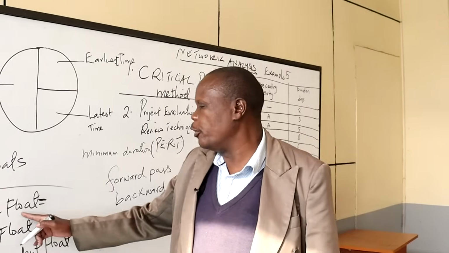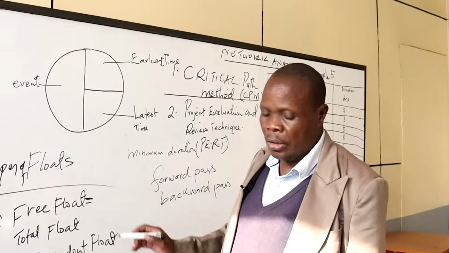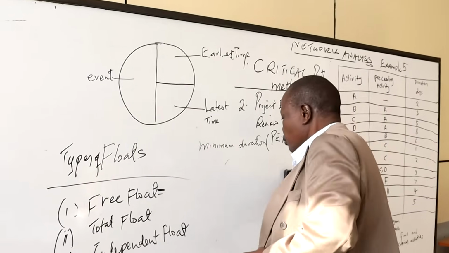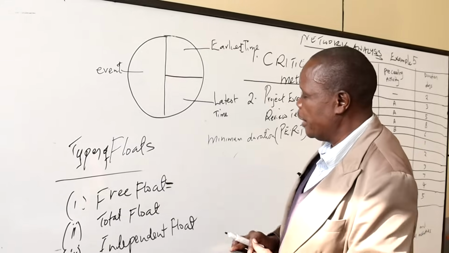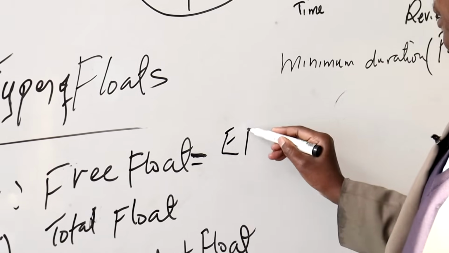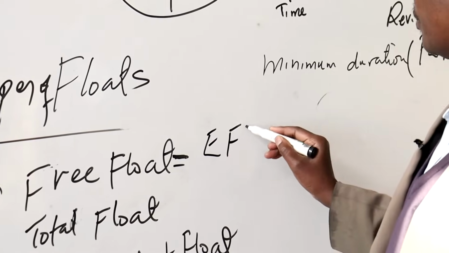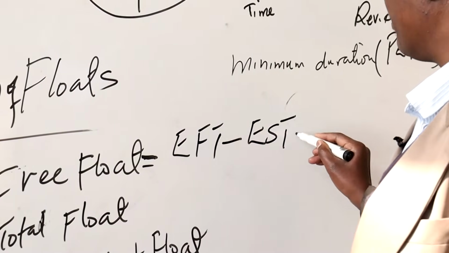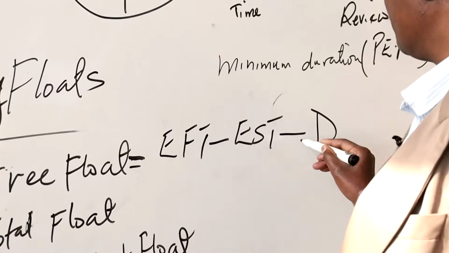So free float is equal to, this is the formula for calculating free float: earliest finishing time minus earliest starting time minus the activity duration.